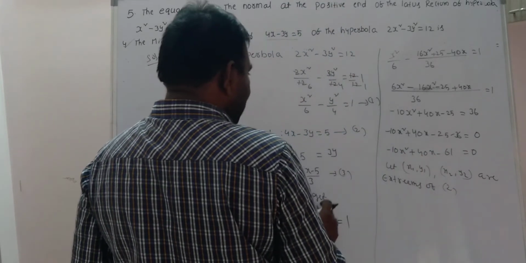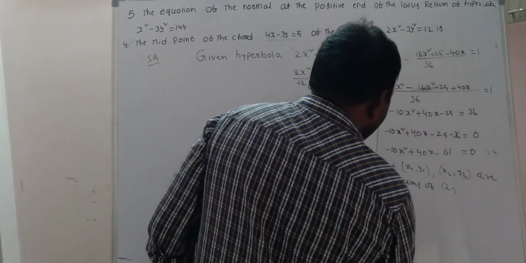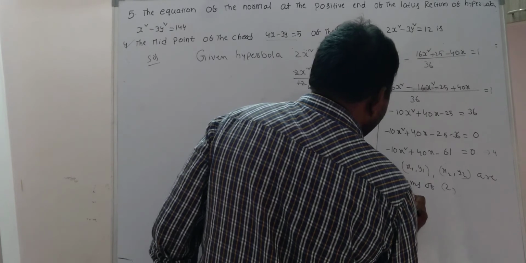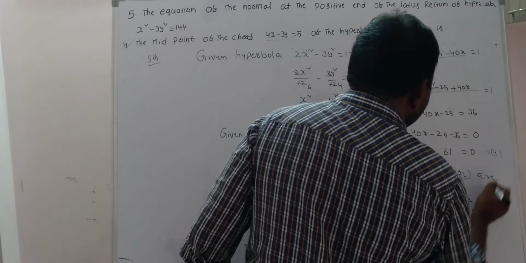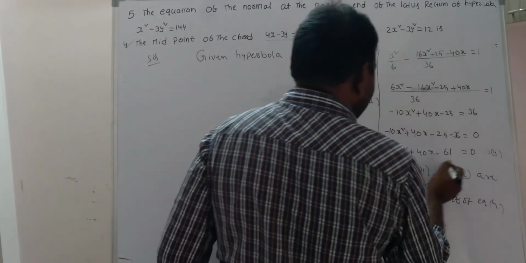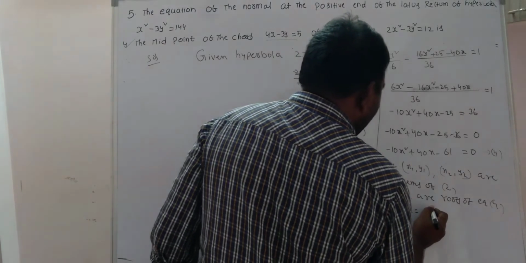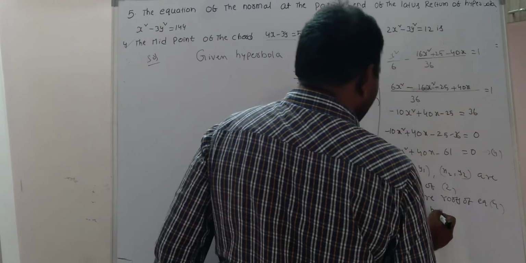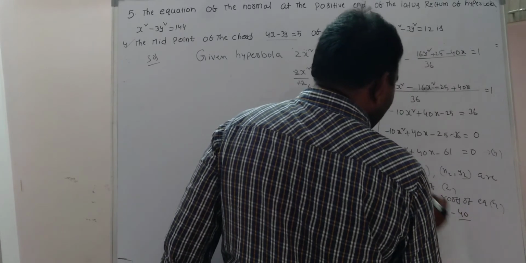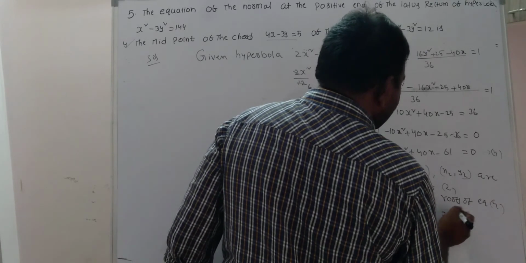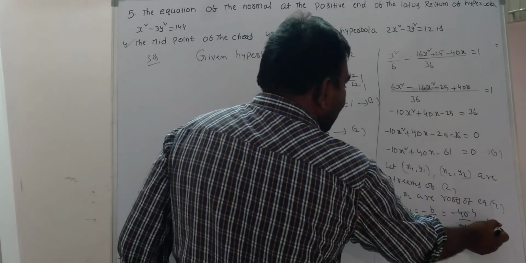Take this as equation 4. x1 and x2 are roots of equation 4. So here we find the sum of the roots. The sum of the roots, x1 plus x2, is equal to minus b by a. That is minus 40 by minus 10. Ten ones, ten fours, minus also cancels. We get 4. Here x1 plus x2 is equal to 4.